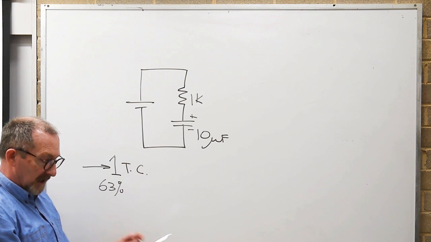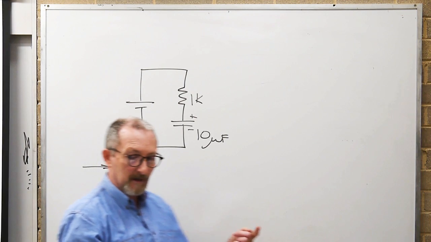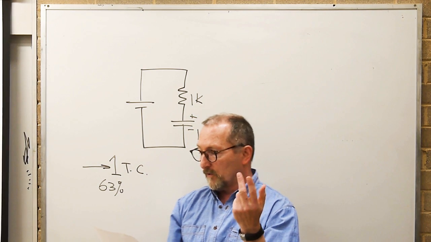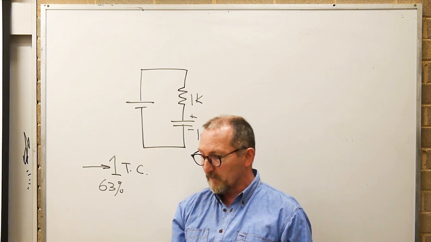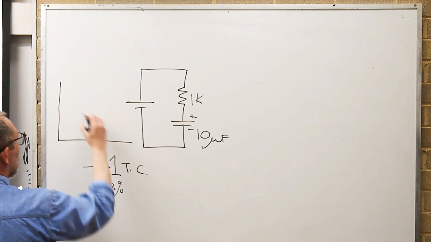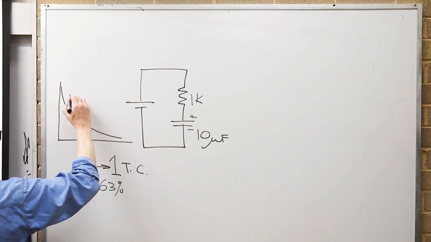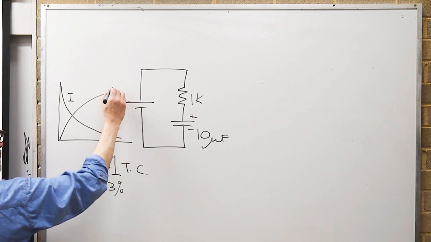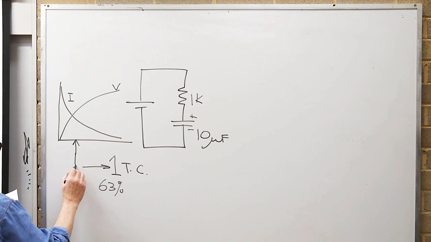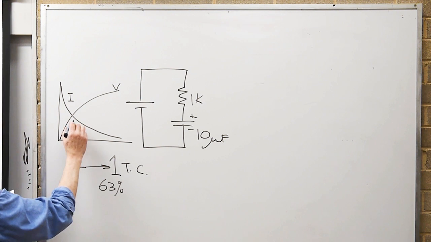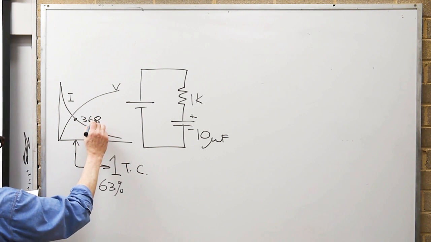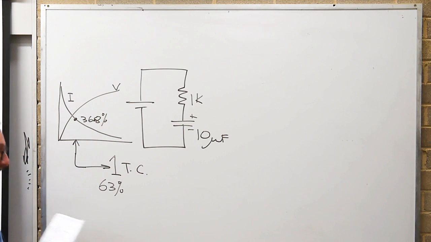After the capacitor has charged for one time constant, the percentage of current instantaneously flowing in the resistor is 63.2, 36.8, 13.5, 5.4. Well, guess what? We're back to our I, V chart. At one time constant we're down to 36.8% of the current.